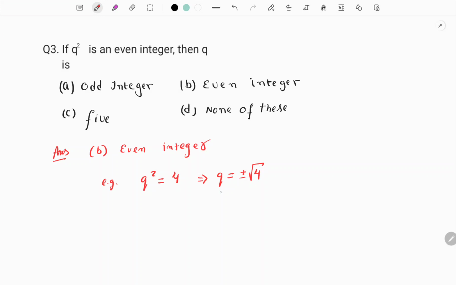So square root of 4 is 2, so here q is equal to plus minus 2. So it implies that q is equal to minus 2 or q is equal to plus 2. So both of these numbers are even. So therefore the correct option is B, which is an even integer.